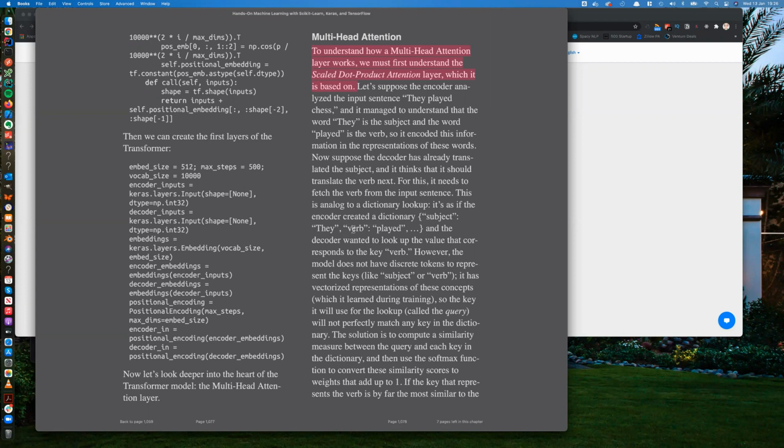In this case, verb will match because that's the closest, and then we can use that value. But the idea is the dictionary could be quite a lot bigger, and then each query you check against each of the keys in the dictionary and compute this similarity measure, the dot product. Use a softmax to convert that into a probability, and use the highest probability as the one that you actually want. So that's this mechanism. Does that make sense, guys, so far?